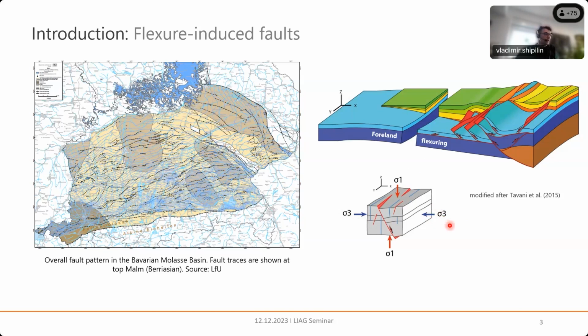But while lithospheric flexure is the primary mechanism for the development of normal faults in foreland basins, local specifics, such as the mechanical heterogeneity of the sedimentary sequence and pre-existing faults, can exert a major control on the geometry of the individual faults.